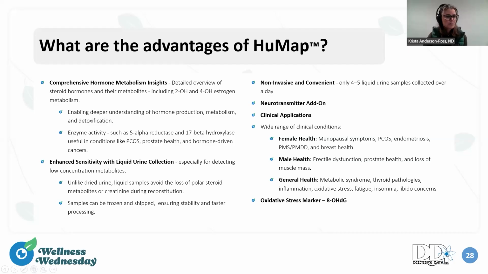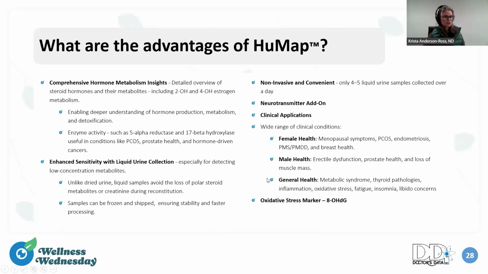In terms of which clinical conditions you might be thinking about for HuMap, in female health, it can be very beneficial for assessing menopausal symptoms, PCOS, endometriosis, PMS, PMDD, and breast health. For male health, erectile dysfunction, prostate health, and loss of muscle mass, the HuMap can be beneficial.